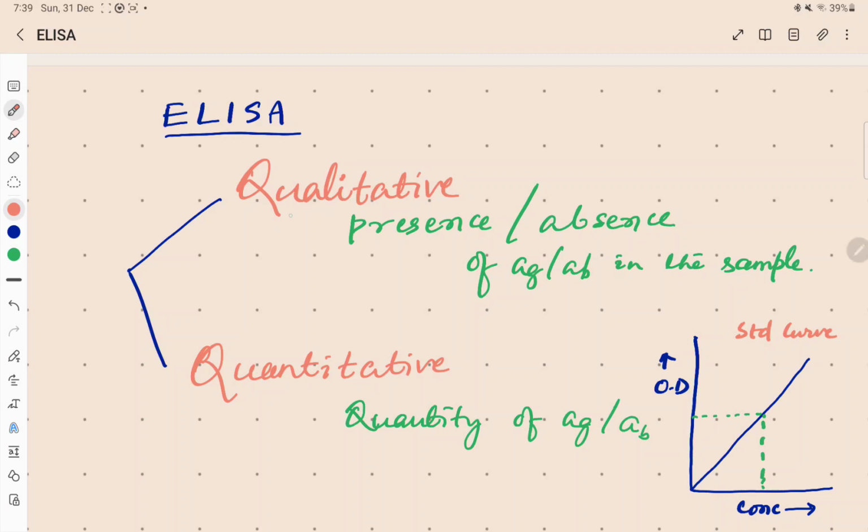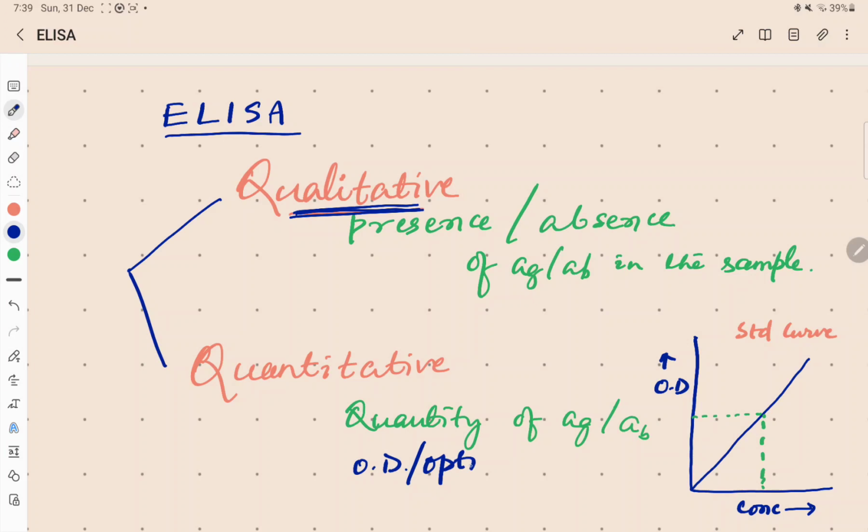So qualitative means only presence or absence of the antigen or antibody. That is qualitative ELISA.